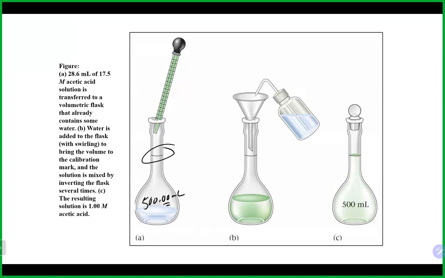What you do is put a little bit of water in there, maybe put in the more concentrated solution, fill it to the line, give it a mixy, shaky, and you'll have your solution with the correct concentration. And again, just so you know, there is obviously no reaction going on. We're just diluting the same solution.